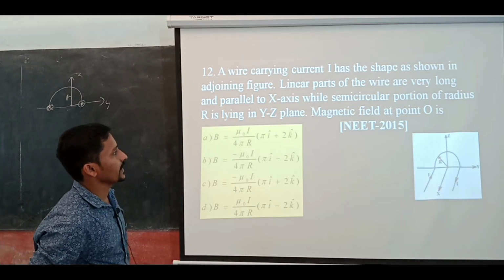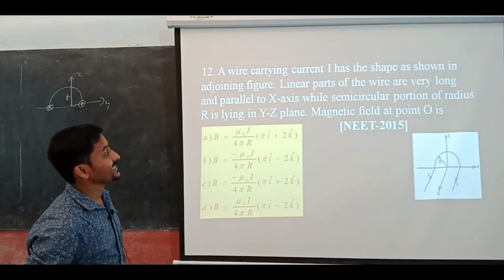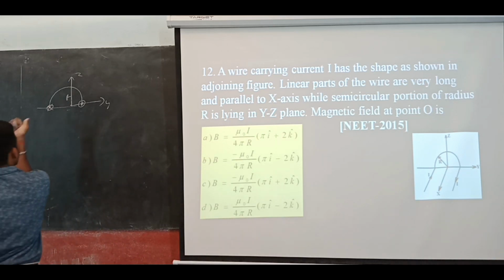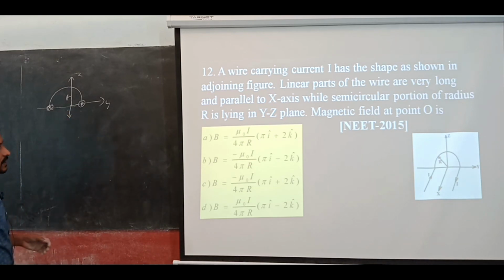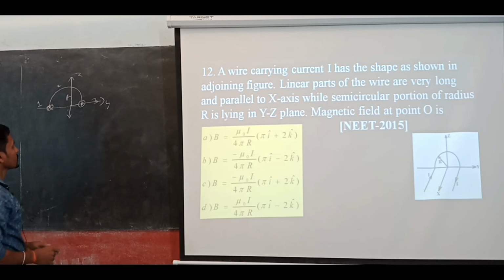Now, next: the x-axis. While the semicircular portion of the radii are lying on the yz plane, what is the magnetic field at the point O? Current is going inside means magnetic field here. Because of 1, because of 2, because of 3.